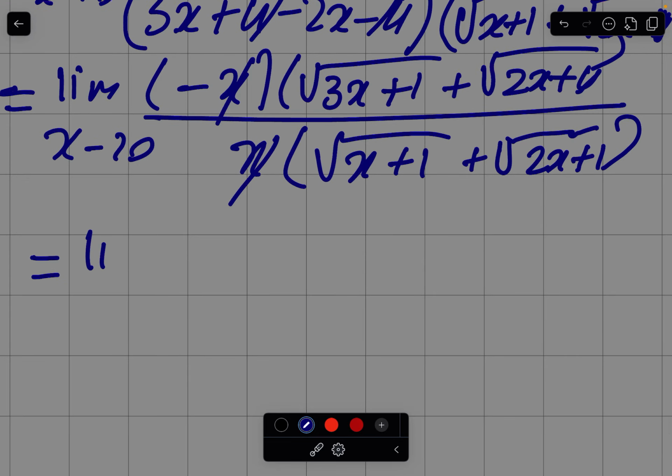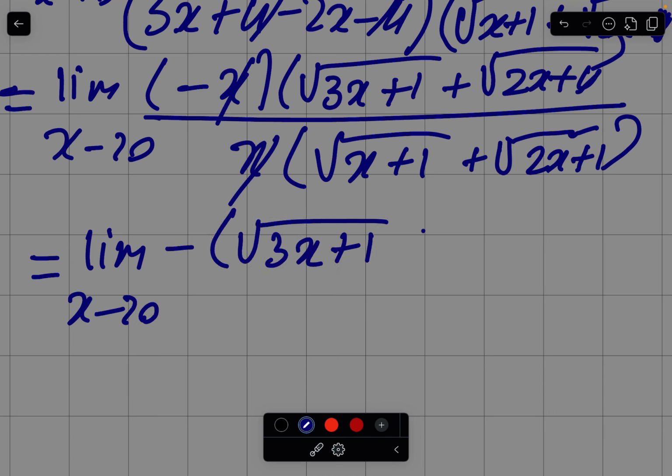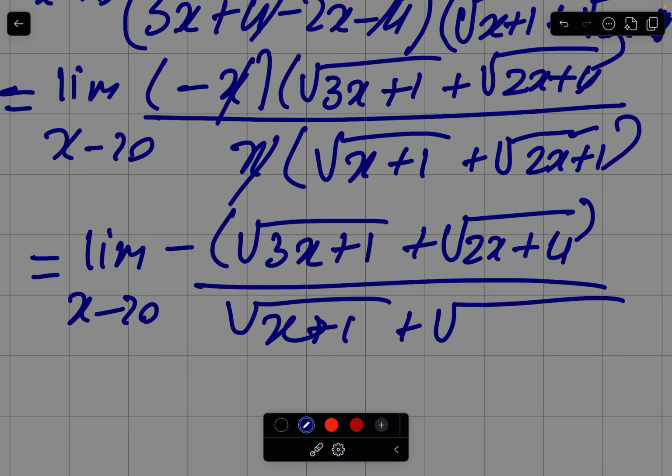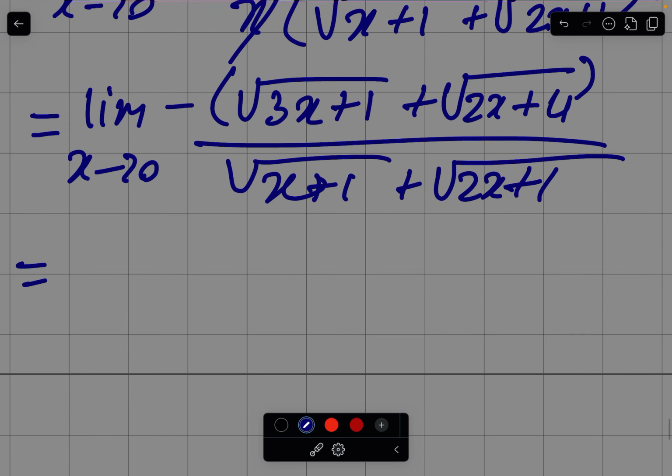You remain with the limit as x approaching 0 of negative into the square root of 3x plus 1 plus the square root of 2x plus 4, all divided by the square root of x plus 1 plus the square root of 2x plus 1. Therefore, you are allowed to substitute now.